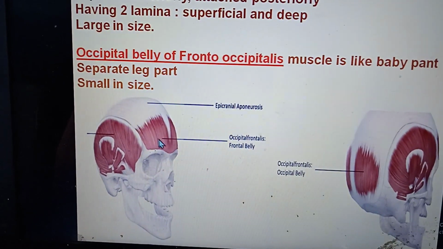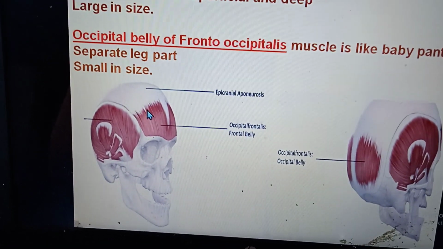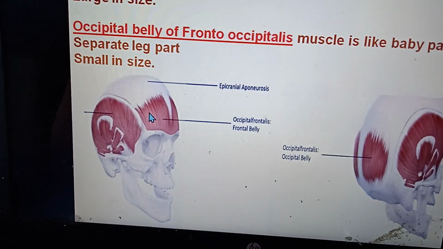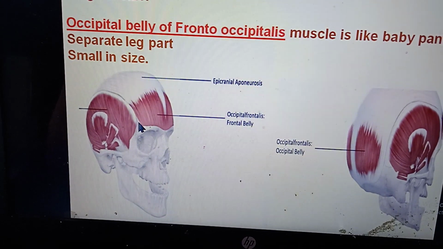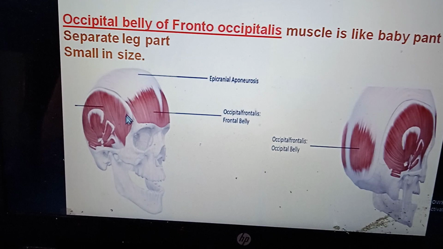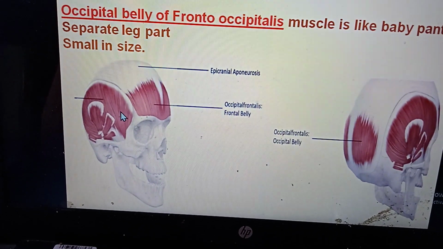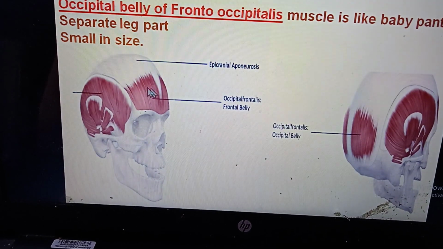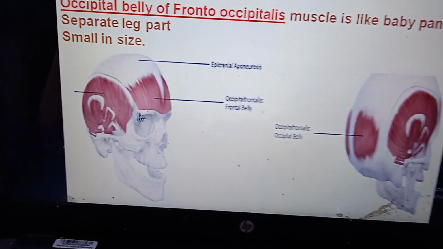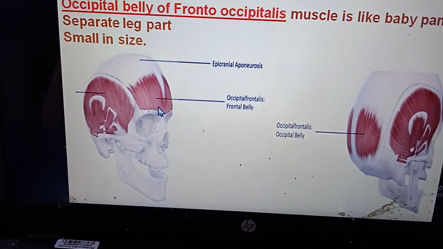This frontal belly of fronto-occipitalis has two lamellae, just like a sleeve to take out the arm of a baby from here and from here also. So it has two laminae, the superficial lamina and the deep lamina.